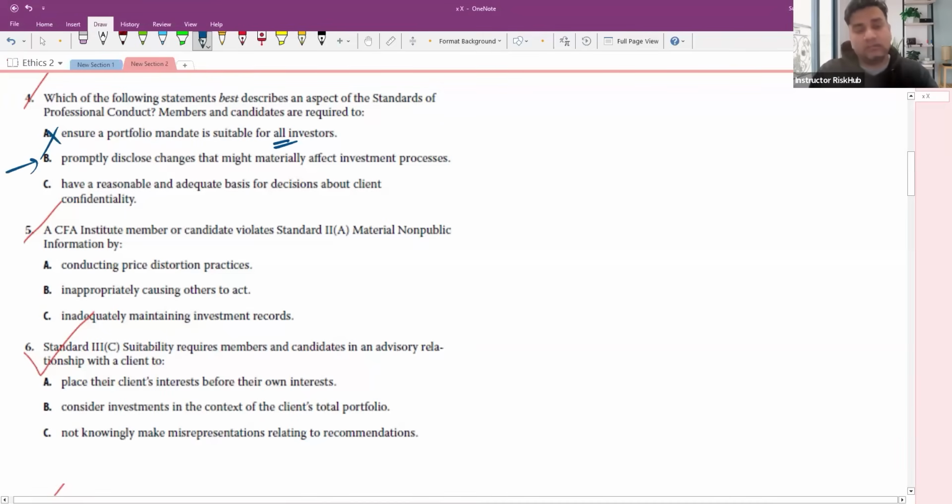Have a reasonable and adequate basis for decisions about client confidentiality. No, for client confidentiality, there is no reasonable and adequate basis. Basically, reasonable and adequate basis is for investment analysis, not client confidentiality, right? So remember that it's a common exam trick.